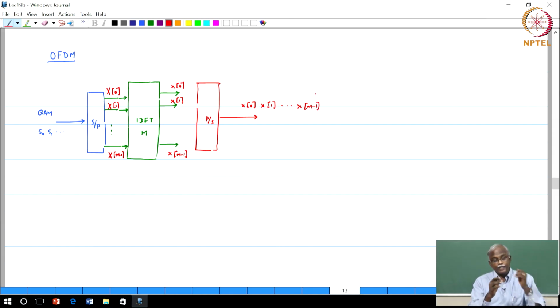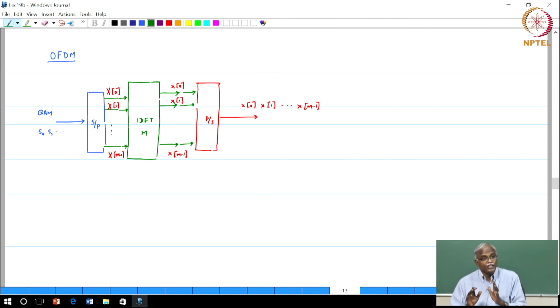So one block of data, you converted from the input stream, you parallelized it, took the IDFT and then did a parallel to serial conversion. Everyone agreed that this is the standard transmitter of an OFDM block.